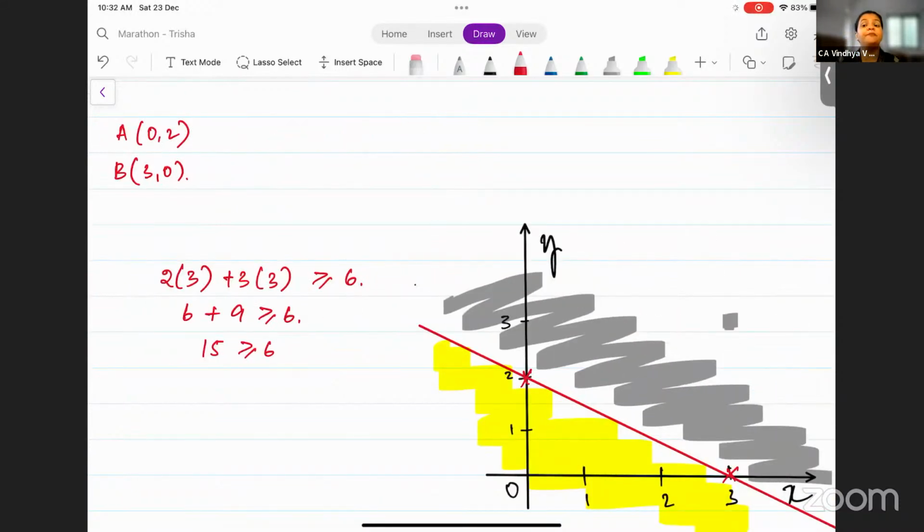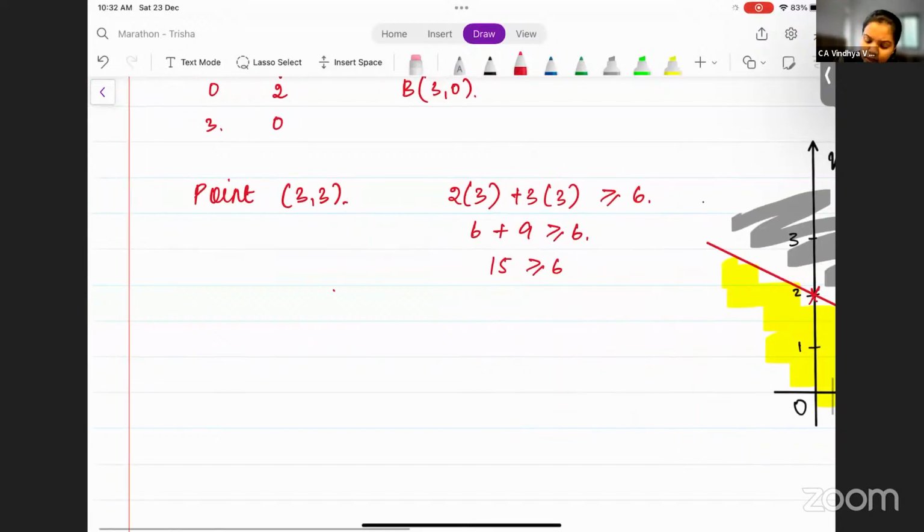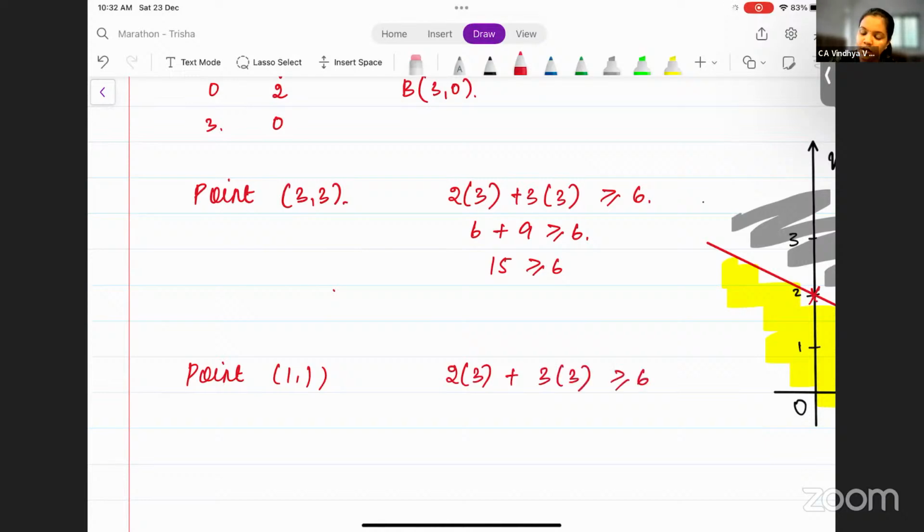If you pick a point from the yellow area, it will not satisfy the inequality. Let us check. Let us take the point (1, 1). So you have 2 into 1 plus 3 into 1, so you get 5 greater than or equal to 6.